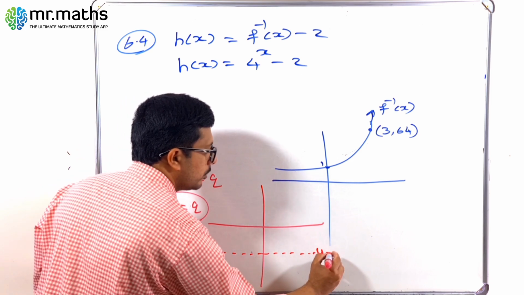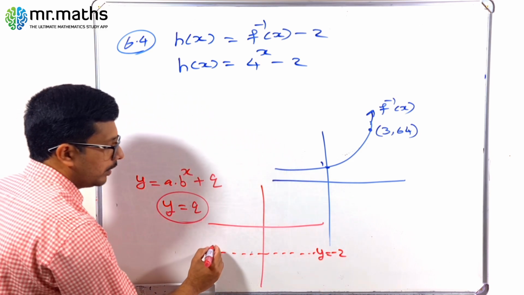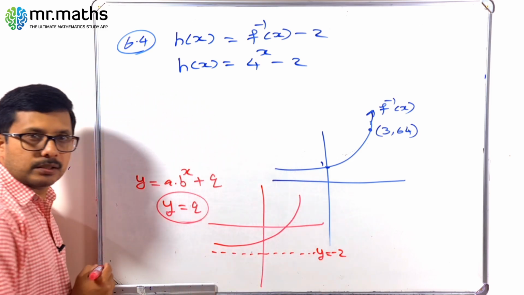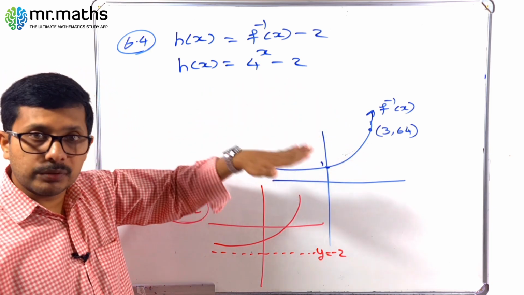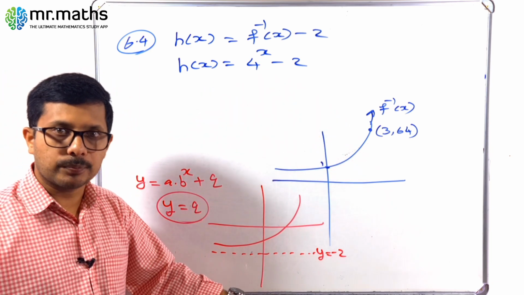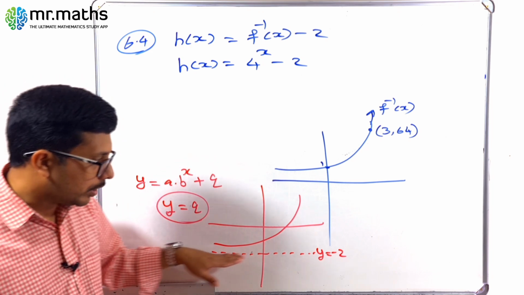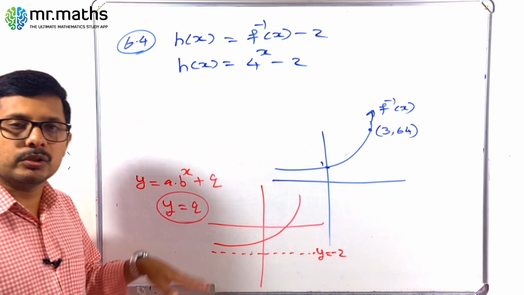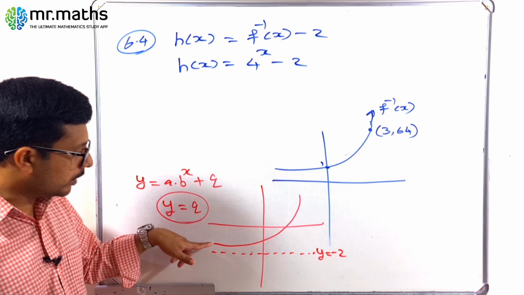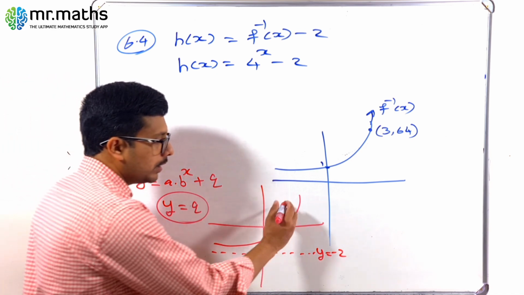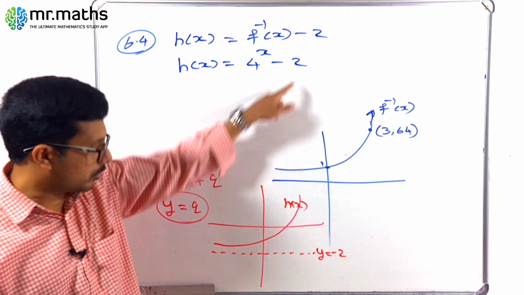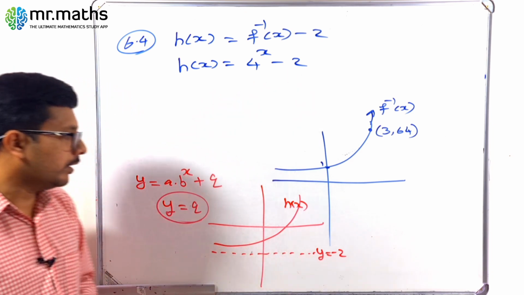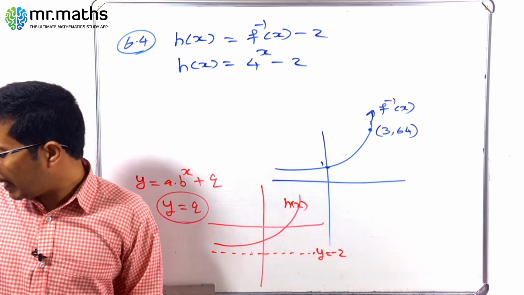This is y is equal to minus 2, and the graph is going to be something like this. Or we can understand it like this: the f inverse of x graph shifted 2 units down. Anyway, the asymptote is y is equal to minus 2, and that is h of x.